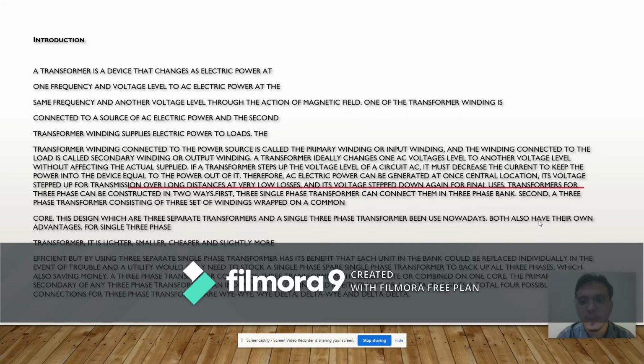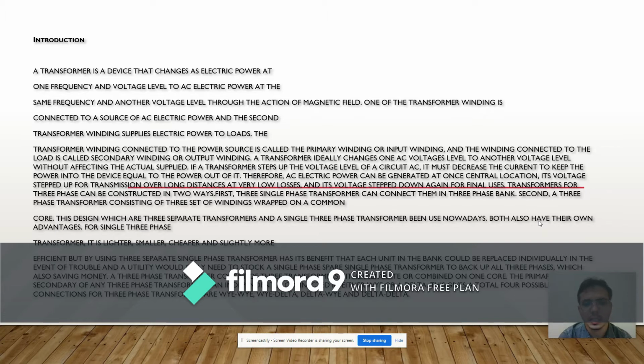One of the transformer windings is connected to a source of AC electric power and the second transformer winding supplies electric power to loads. The winding connected to the power source is called the primary winding or input winding, and the winding connected to the load is called the secondary winding or output winding.